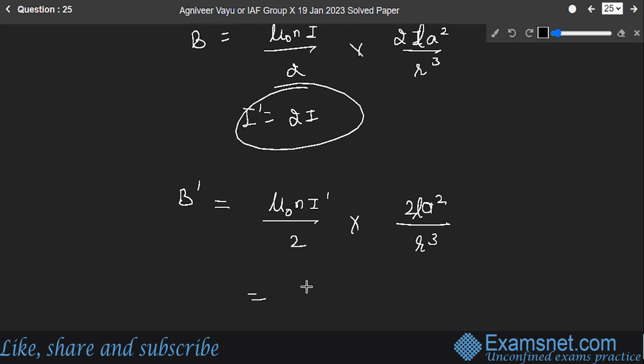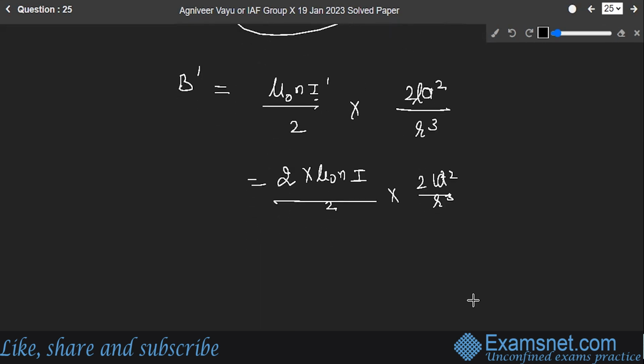This is equal to, I'll take it 2 into mu naught into Ni, because I dash was equal to 2I, upon 2 into 2L A square upon R cube.